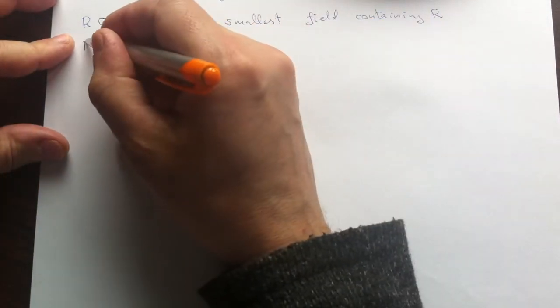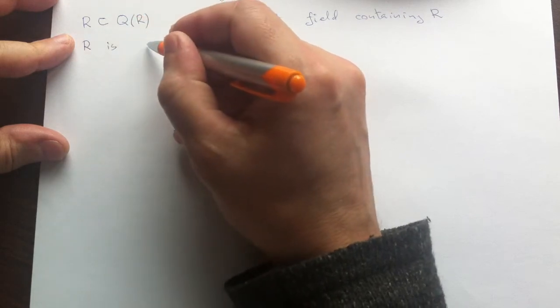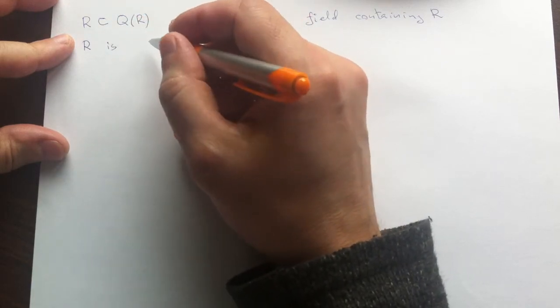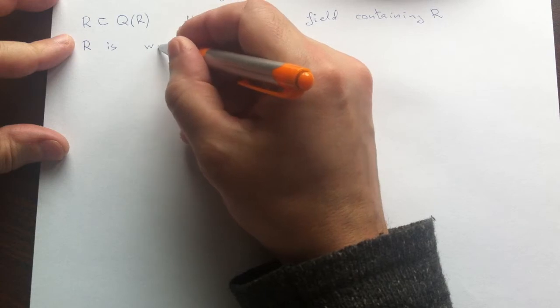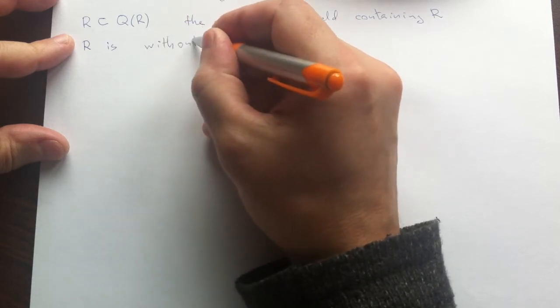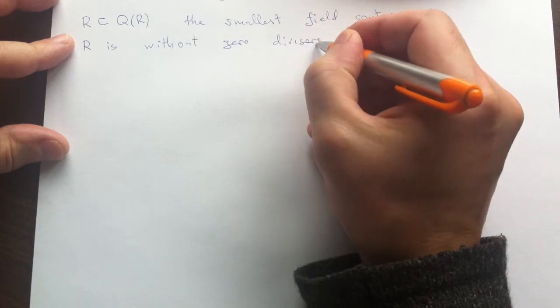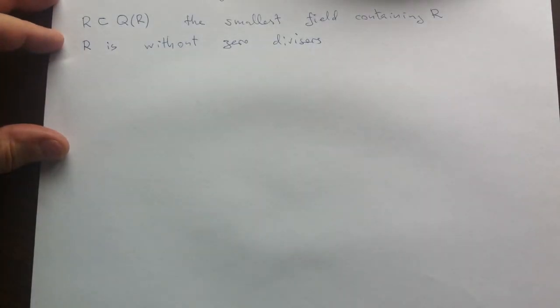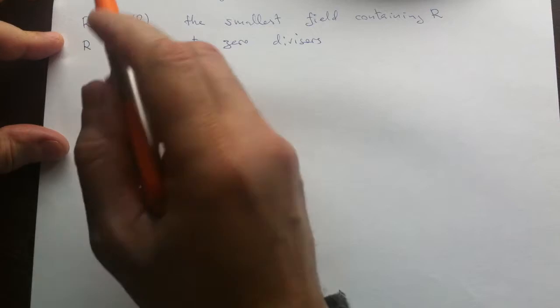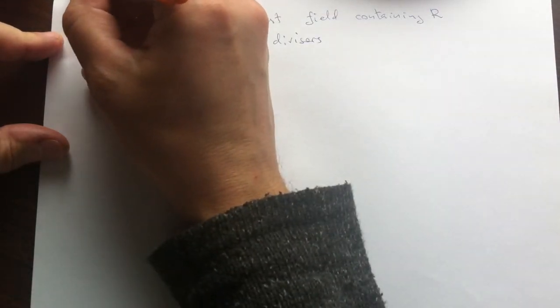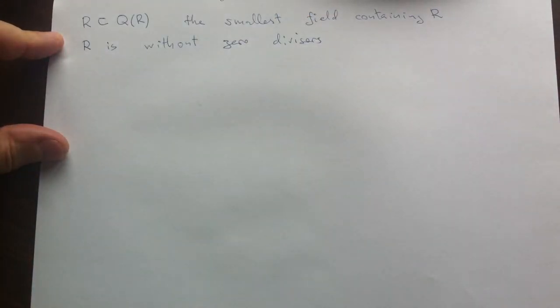So R is a commutative ring without zero divisors. Well, the model example we have, the integers, is such a ring.